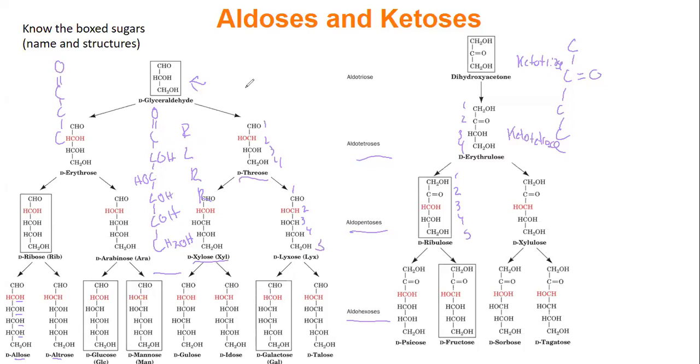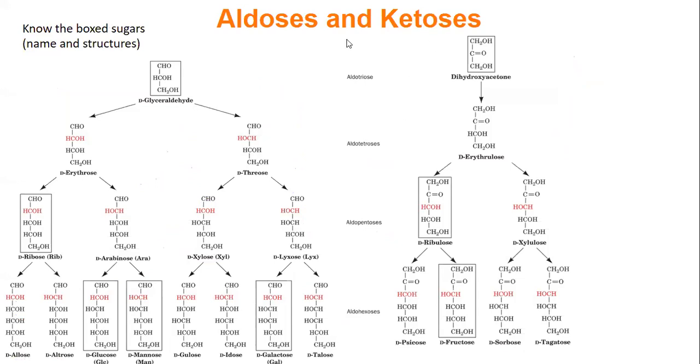So mannose is LLRR. So 1, 2, 3, 4, 5, 6. Double bond O, left, left, right, right. I did glucose there. So that's all that's different between these box structures: what directions the OHs are pointing on the carbon skeleton.